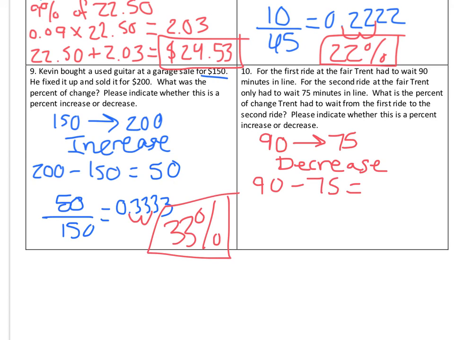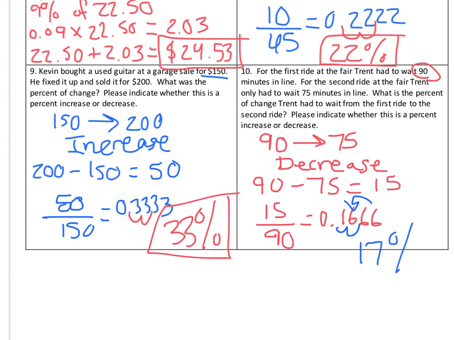And when I do that, I get 15. So 15 is the change. The original number is 90. I divide, I get 0.16 that goes on forever. When I change that to a percent, I'm going to have to round to 17%.